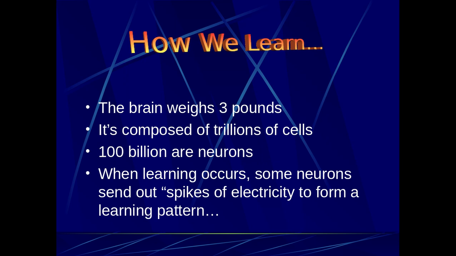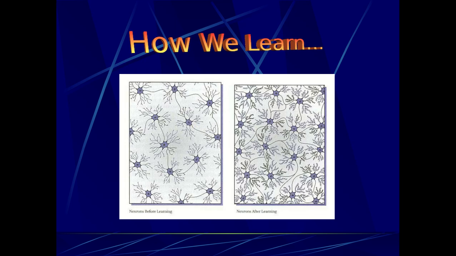It's not quite congealed and it's not quite liquid. It's composed of trillions of cells. 100 billion of those cells are neurons, and there is electricity in the brain. When learning occurs, neurons send out spikes of electricity to form a learning pattern.